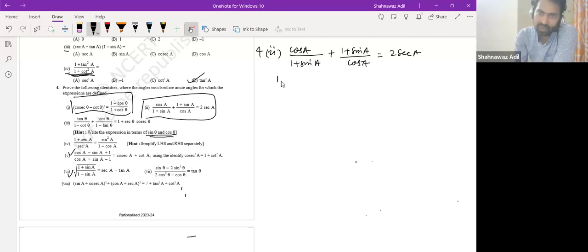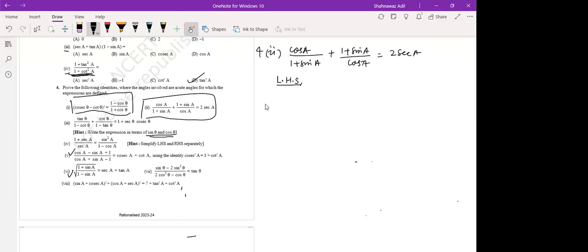Left one, right? So let us say left one. We have already fulfilled the first criteria: all the terms are in the form of sine and cos. Now we have to just simplify.